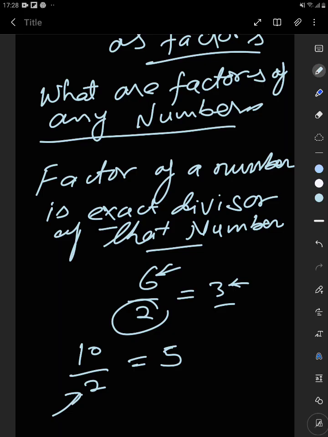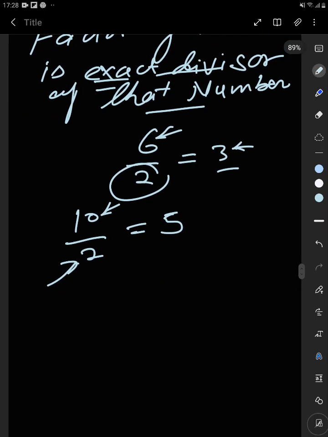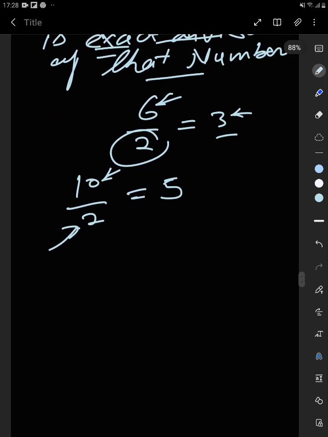So 2 is dividing 10 exactly without any remainder. If there is a remainder, that is not an exact divisor. So this is the meaning of exact divisor here. So if you want to find the factors of a number, you need to divide the number by other numbers, and those will be the factors of that number.